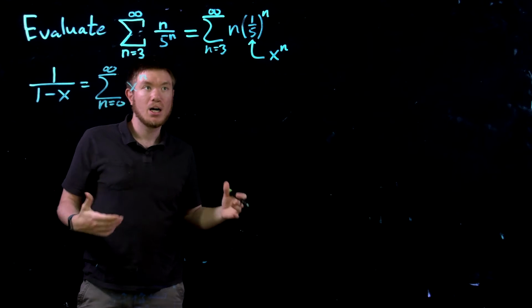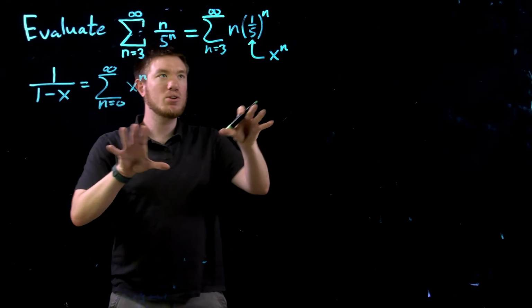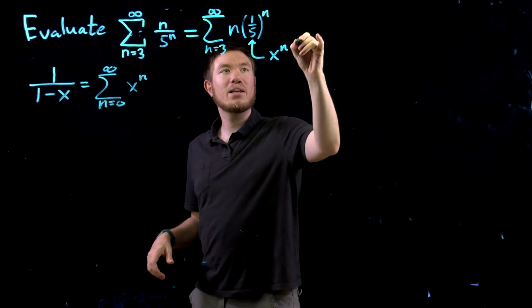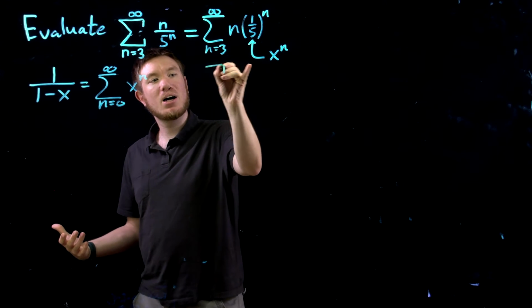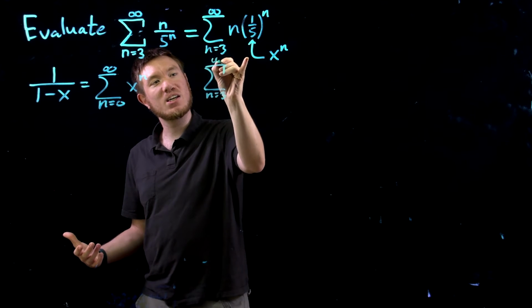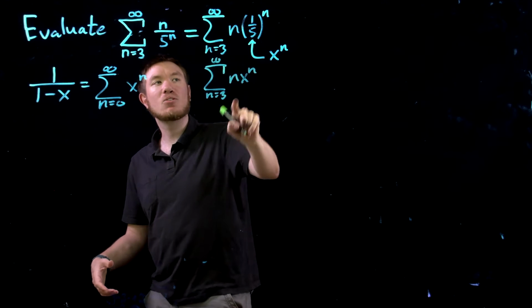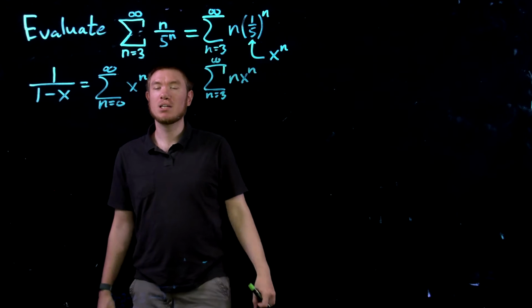So if we were able to find a power series of the form n going from 3 to infinity of n x to the n, then we could plug in x equals 1/5 and solve our problem.